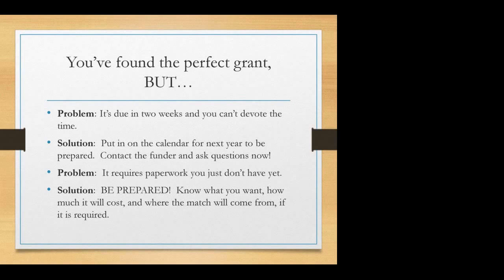What they want to see is that you have the ability to perform the work, that you have the ability to provide the matching funds, and that what will come out of this at the end of the grant is something that stands on its own. They generally do not want to see something that is going to have to apply to a grant every year.